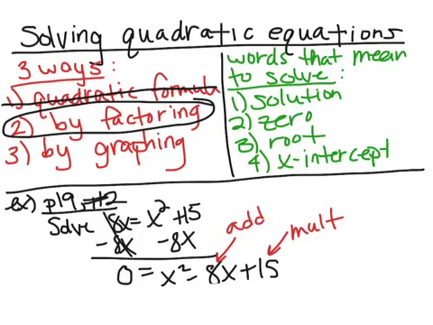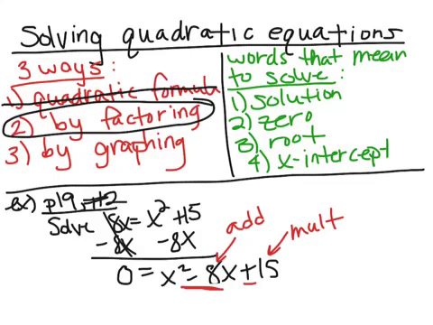There's a bunch of things that multiply to positive 15. But since I'm multiplying to a positive and adding to a negative, I know my two factors have to be negative. So I could try negative 15 times negative 1, but negative 15 minus 1 gives me negative 16, not this negative 8 that I need.